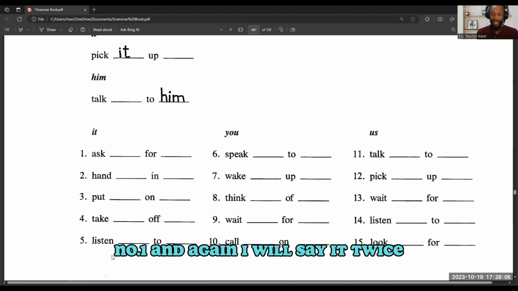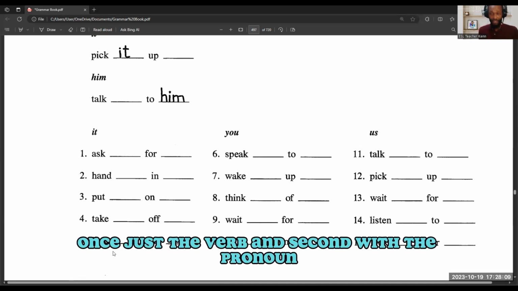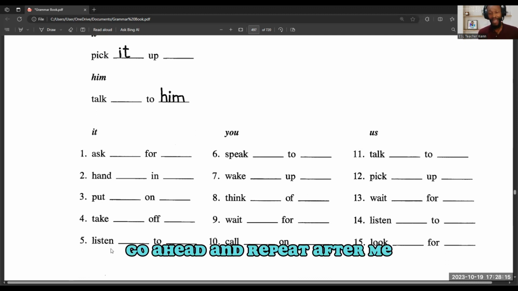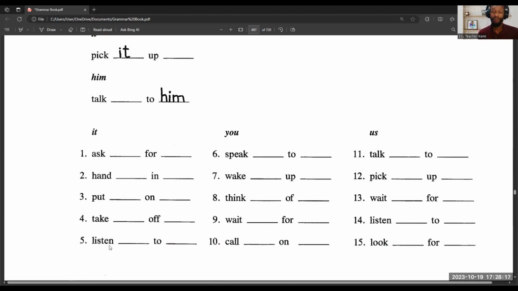Number 1, and again, I will say it twice. Once, just the verb, and second, with the pronoun. Go ahead and repeat after me. Ask for. Ask for it. Hand in.